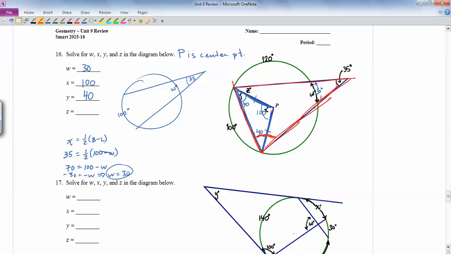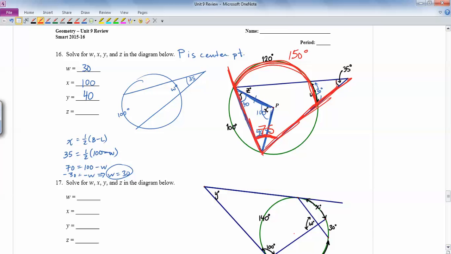So if you look at this whole angle right here, you might notice that it opens up to this whole arc, 120 plus 30. So it opens up to a 150-degree arc. So it's going to be half of 150, which is 75.